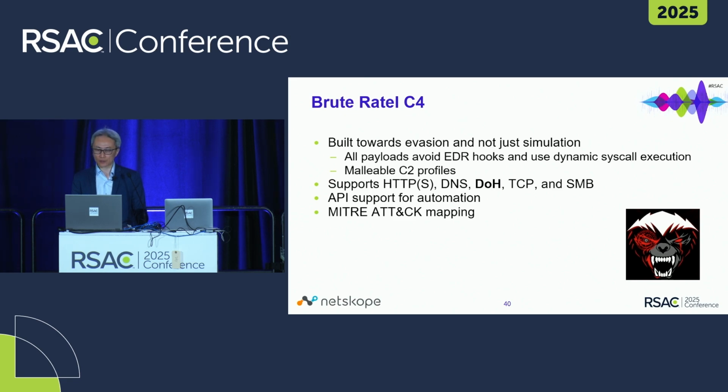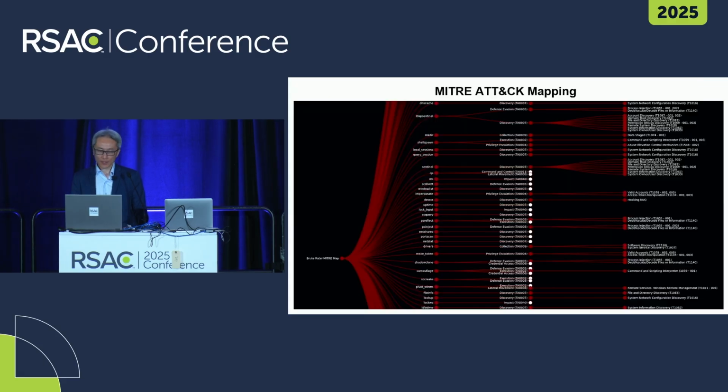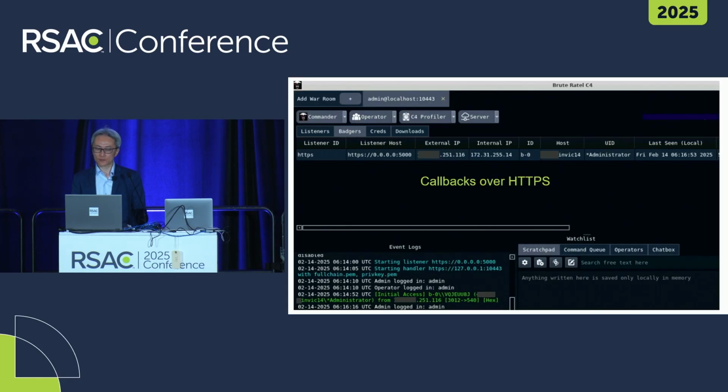We'll take a look at the topology later. Again, it also supports MITRE ATT&CK mapping, which might make red team operations more convenient. The callback looks pretty, since there are some GUI applications out there.